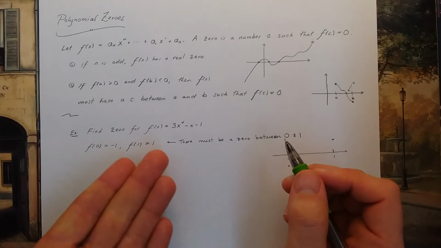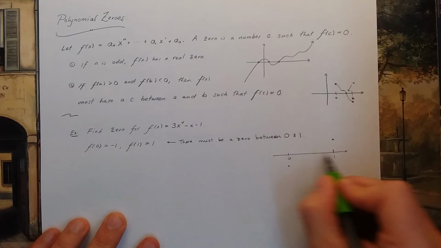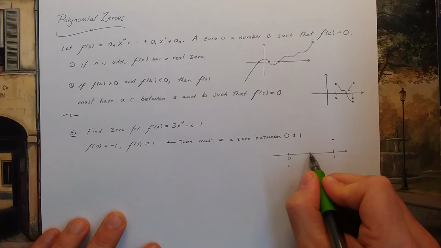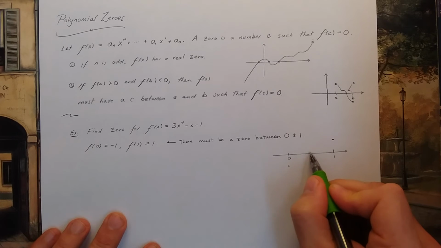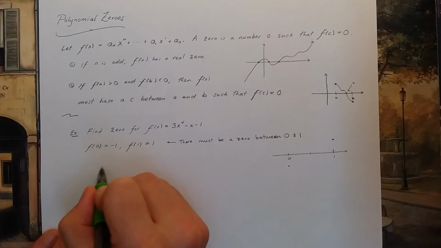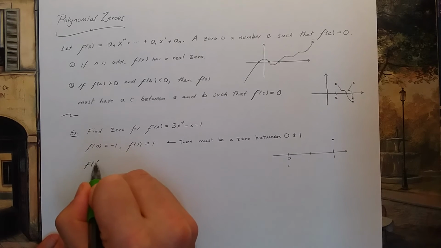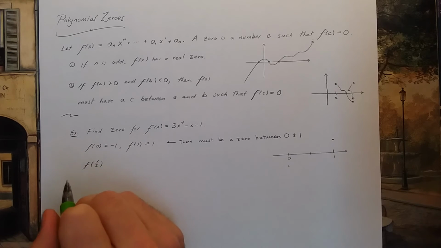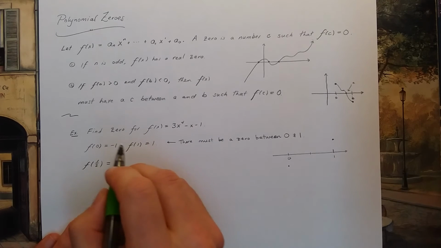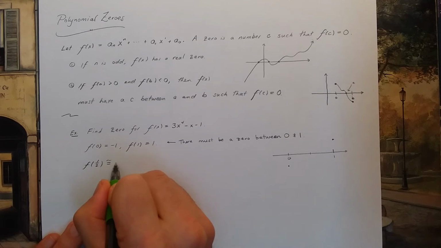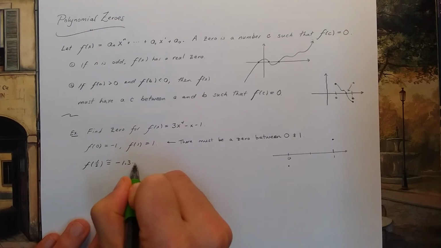Now, I'll refine my guess. I know I have to have a 0 in here somewhere, so why don't I split the interval right in half, test that value, and see if it's positive or it's negative. So if I plug in 1/2 or 0.5, I calculated ahead of making this video that you'll get a number that's approximately negative 1.3.